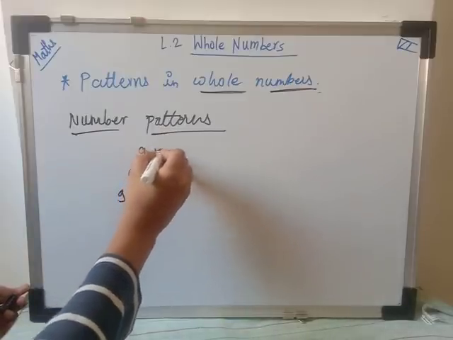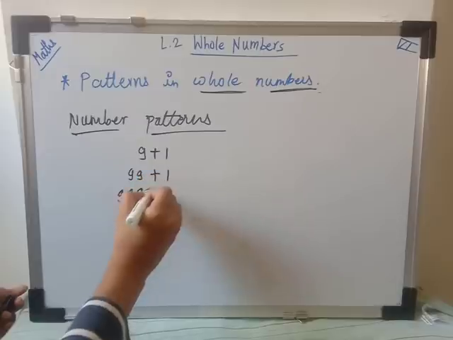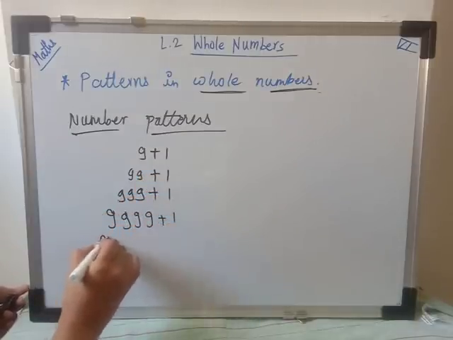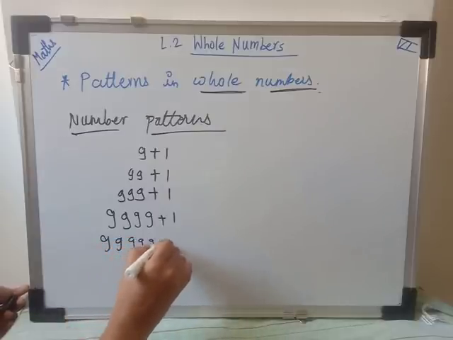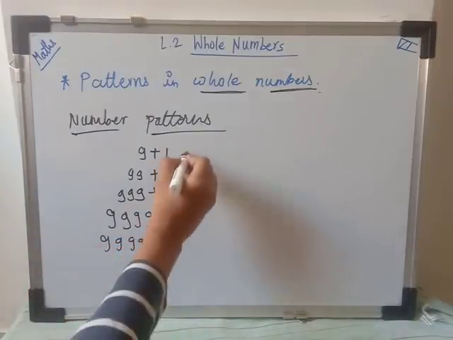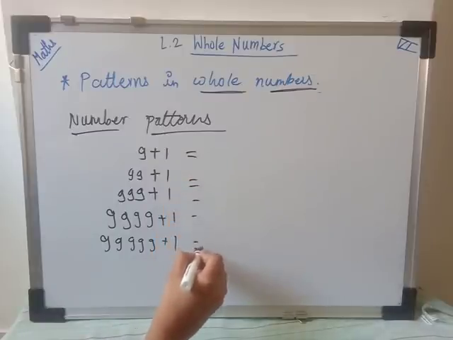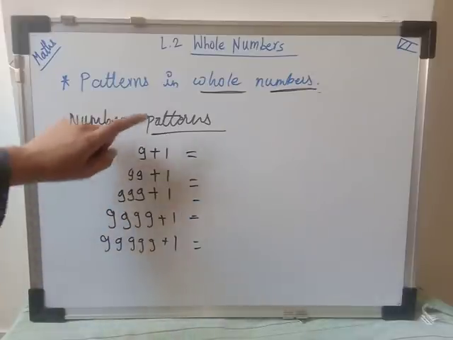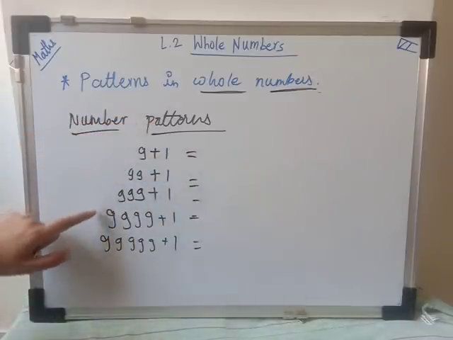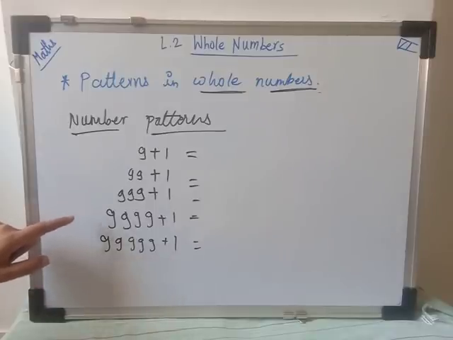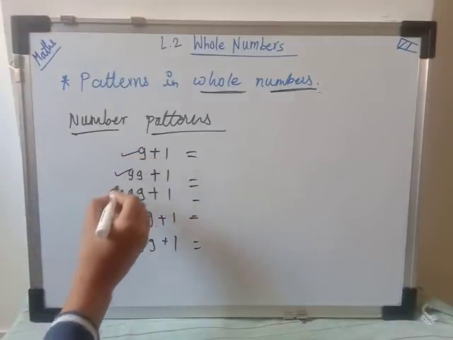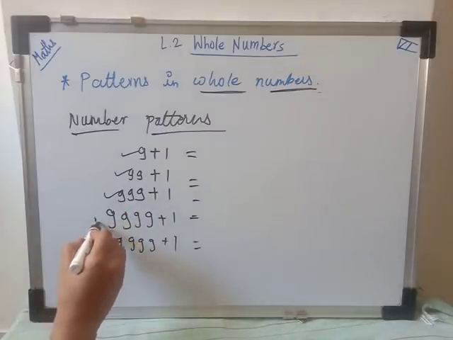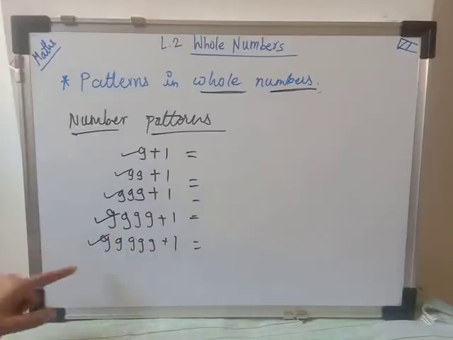If I add 1 to it, see their arrangement, they are in one sequence, in one pattern. All these are the largest numbers of different digits: this is the largest one-digit number, the largest two-digit number, three-digit, largest four-digit number and largest five-digit number.